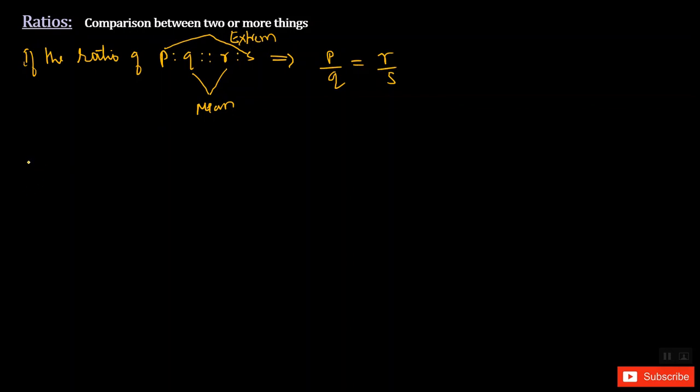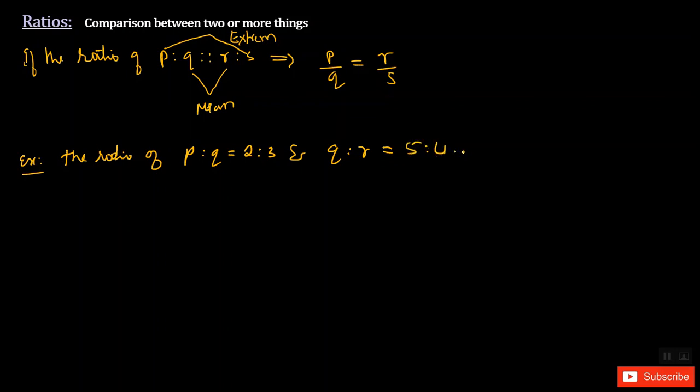Okay, let's take one example relating to this now. The ratio of P is to Q is 2/3 and the ratio of Q is to R is 5/4.